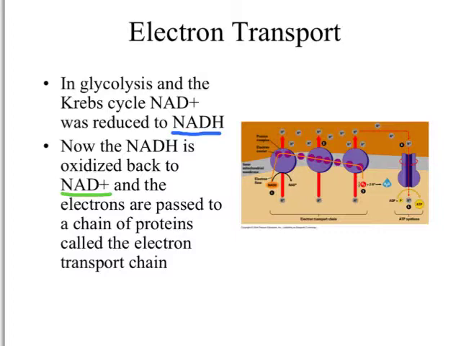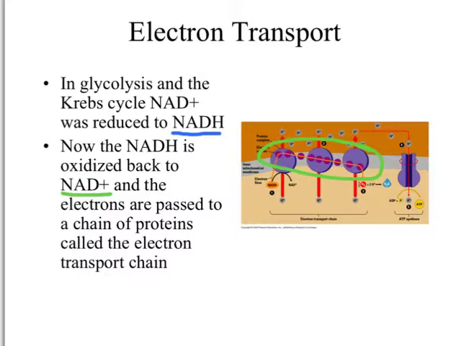So in the electron transport, that NADH is oxidized back, and the electrons that it's carrying are passed to a chain of proteins, like we see here in the picture. This chain of proteins is what we call the electron transport chain.